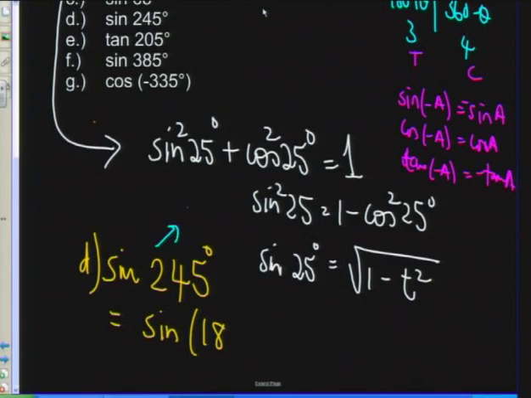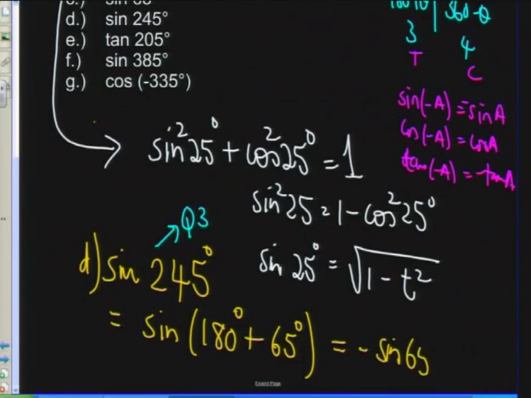This is in quadrant 3, which means that I'm going to say 180 plus 65 degrees. And the reduction comes in saying that this third quadrant angle gives us exactly the same ratio as negative sine 65.